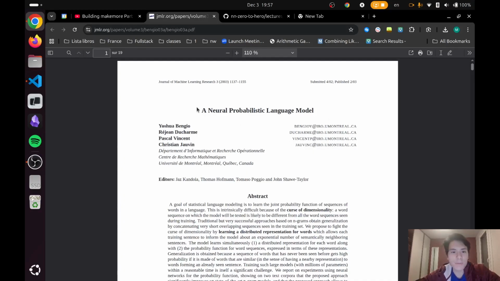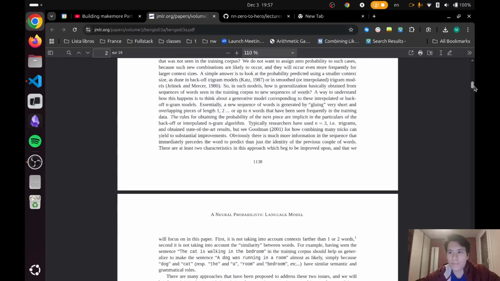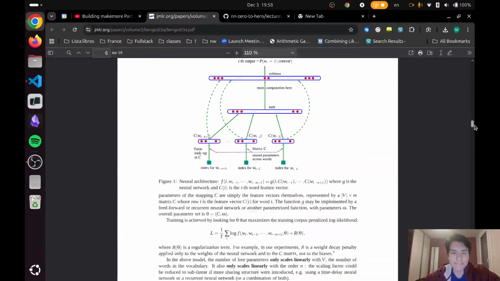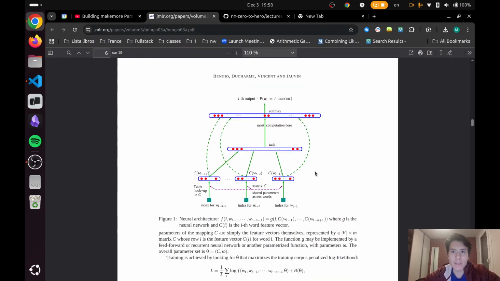What I did today was basically implement this paper with the help of the tutorial of Karpathy, and it's basically this architecture, which is a multi-layer perceptron, these main two layers. It uses a different architecture from the bigram, but it's like an extension of it. In the bigram, we use individual characters and we predict the next character based on the previous one.